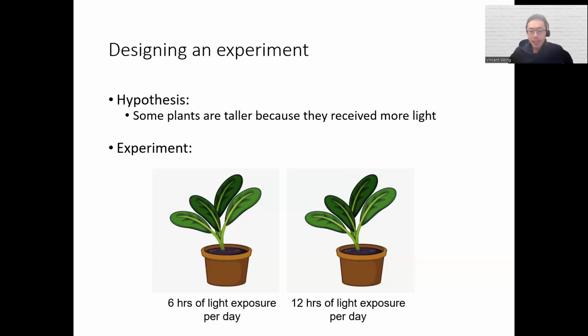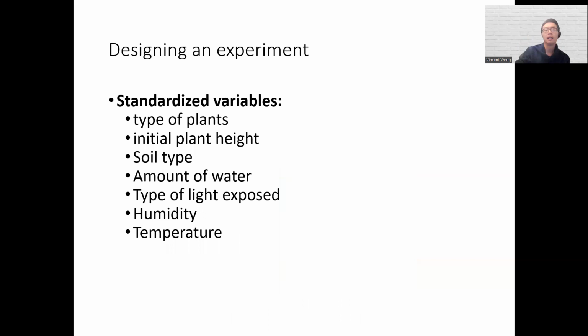Now, when you set up the experiment, it is very important to keep everything else the same, except for the independent variable. In other words, other than the amount of time that you expose the plant to the sunlight, everything else needs to be the same. For example, we have to use the same type of plants.